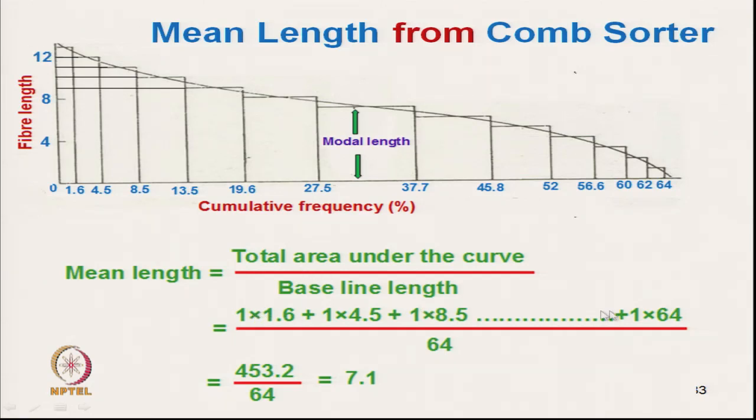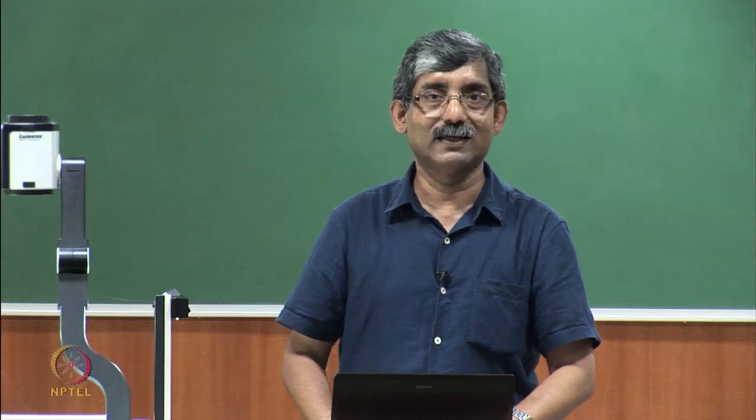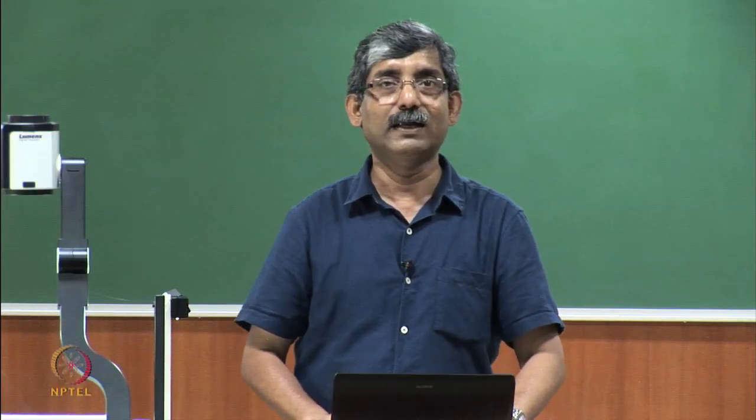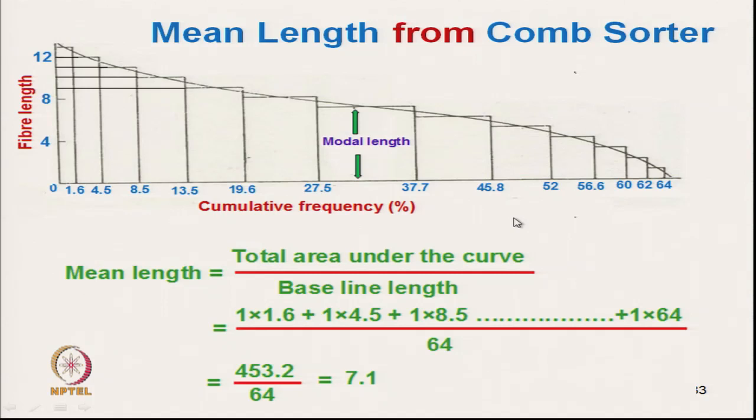So, in this way if we calculate the mean length, total length is 64. So, this divided by 64 gives 7.1, meaning 7.1 by 8 inch is the mean length of the fiber. So, mean length of fiber we can calculate from this Combe-Stottard diagram.